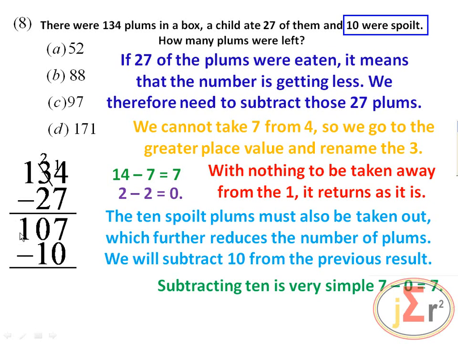Or we might just say 10 minus 1 is equal to 9. So we may do it in any way we feel. So 10 minus 1 is equal to 9. So whether we rename or we cause it to remain, the result will be the same.